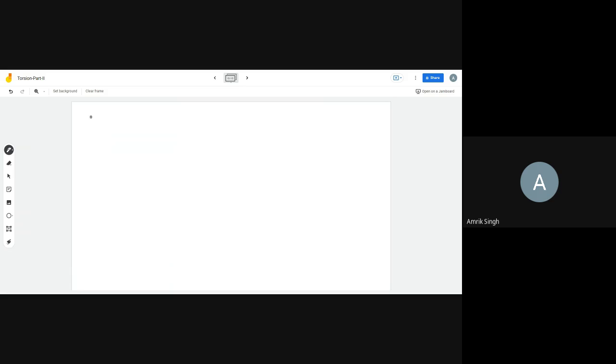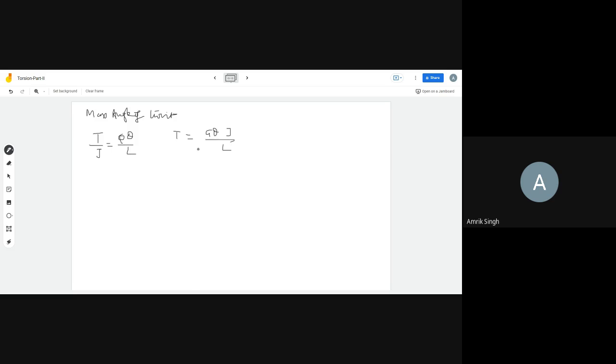So now if you compare from the maximum angle of twist, there are two criteria because the torsion formula can be written two ways. T by J is equal to G theta upon L. Therefore, T is equal to G theta into J upon L. Right?